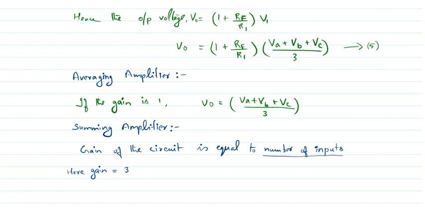Then the above equation 5 becomes V0 equal to 1 plus Rf by R1, which is 3, so V0 is equal to VA plus VB plus VC. So you can see that in the case of the non-inverting summing amplifier, the output voltage will be equal to the sum of all the input voltages.